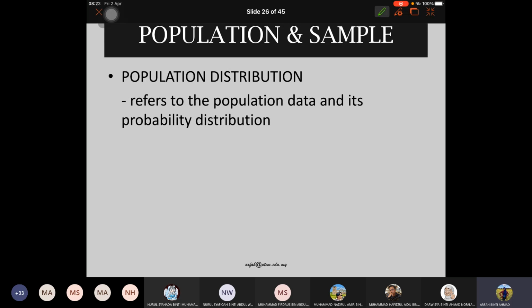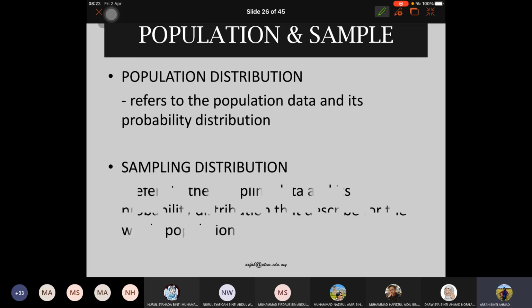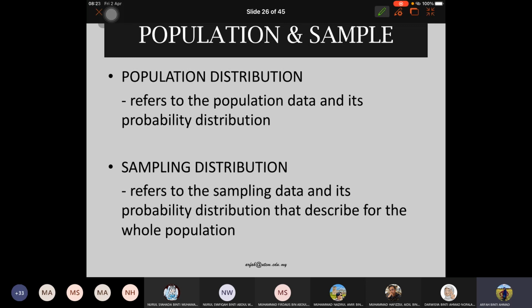So kalau ada population distribution, kita akan tengok population itu follow what kind of distribution. And from there, sampling distribution will refer to the sampling data and its probability distribution that described for the whole population. So in this chapter, sampling distribution meaning that awak ada sampel, awak tengok sampel ni follow what kind of distribution. Okay. So daripada situ kita akan buat inference or making conclusion menggunakan sampel data, tapi conclusion yang kita buat adalah untuk the whole population.